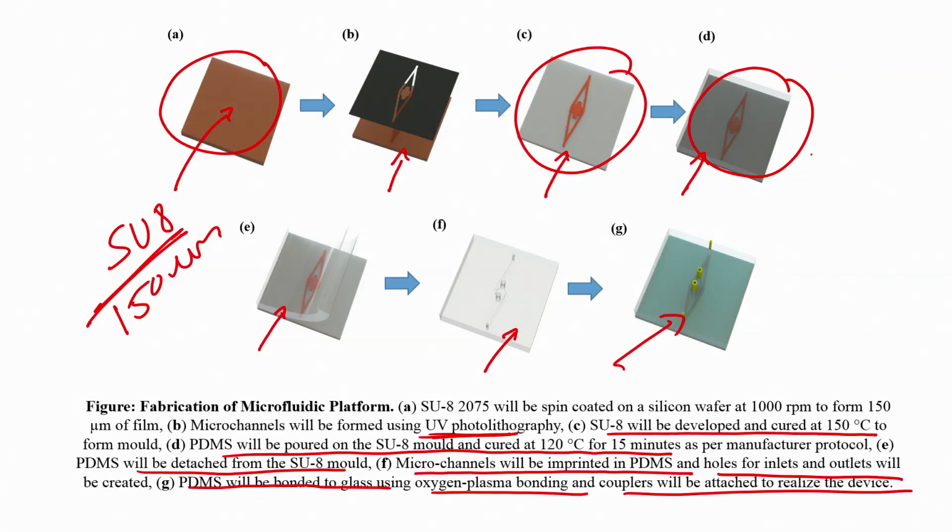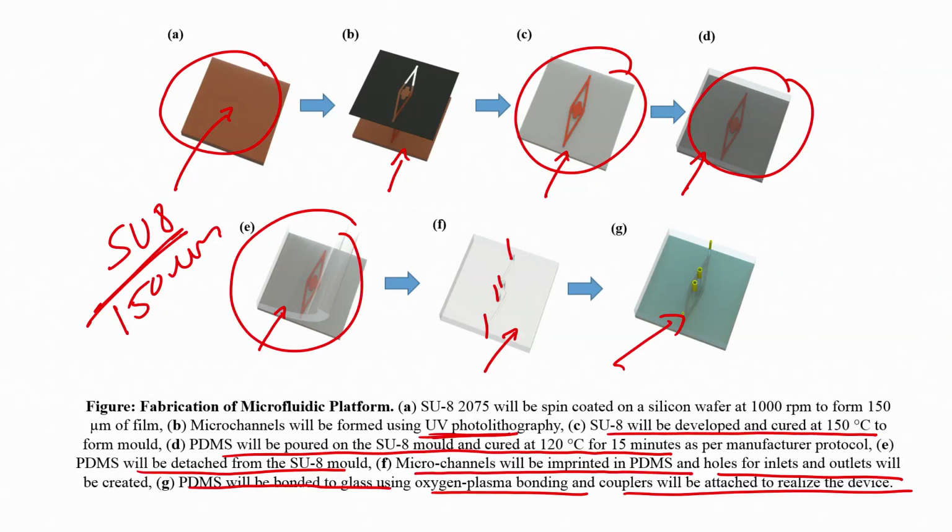Following that, we will peel off or detach PDMS from the SU8 mold, which you can see in E. After detaching, you have to insert holes in this PDMS, right, in this particular section, through holes. Right.